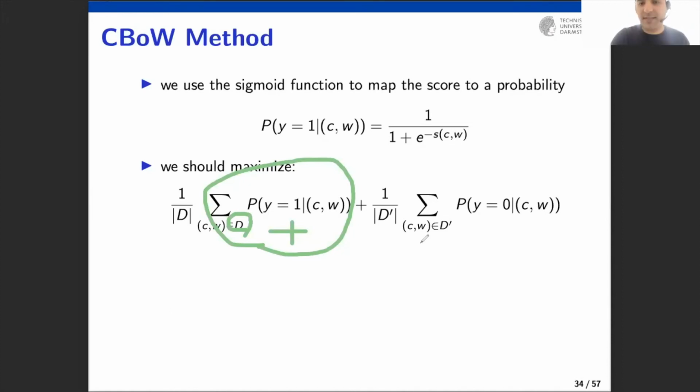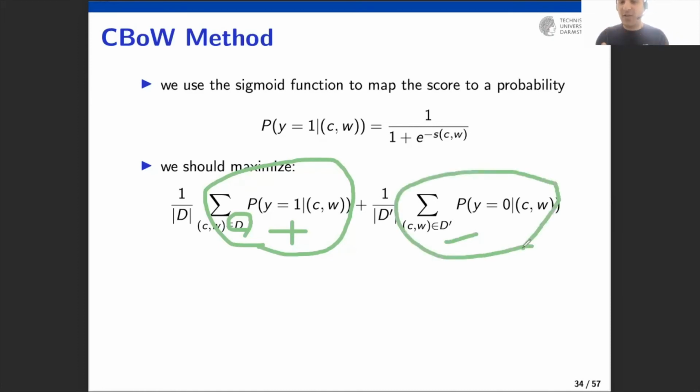And for samples in the negative data set, we should maximize the probability of assigning label 0, because we know that word W is selected randomly for the context. So it's very likely that it is not a good fit for the context. So we try to maximize the chance of predicting label 0 for these samples.